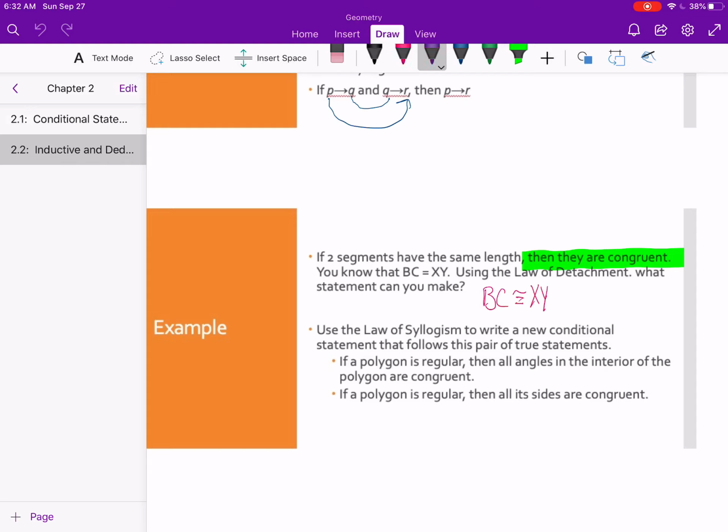So we can conclude if the angles in the interior are congruent, then all its sides are congruent.